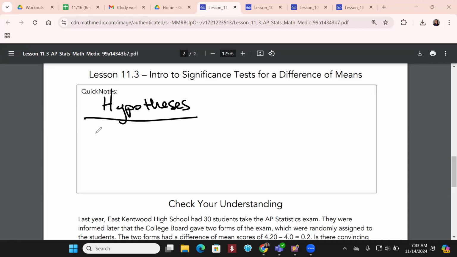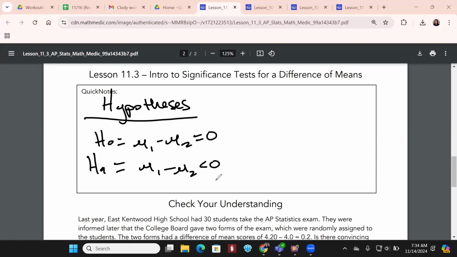We said that the null is equal to 0, so mu1 minus mu2 is equal to 0. And the alternative is really just anything else. So mu1 minus mu2 is greater than 0, less than 0, or does not equal 0. It can be any one of those.